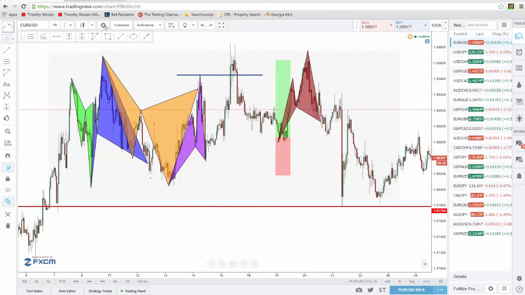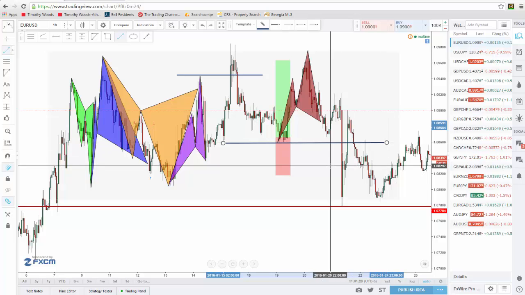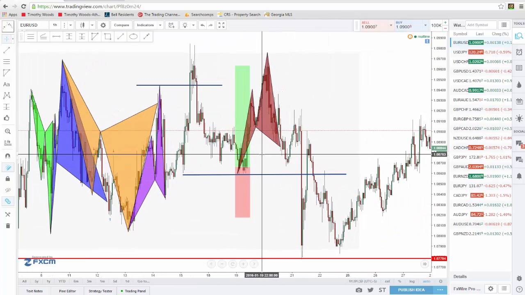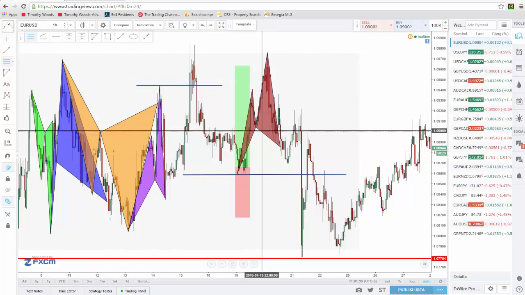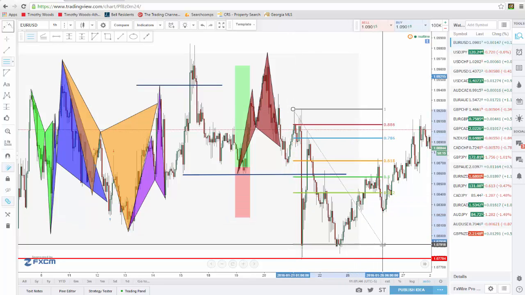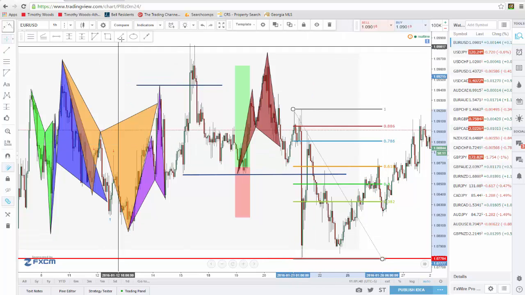As you can see here, another break and close below a major structure level. And as I referred to earlier, the 786 strategy that I use: break and close below structure, Fibonacci retracement from this swing high down to the swing low, looking for the 786 retracement.